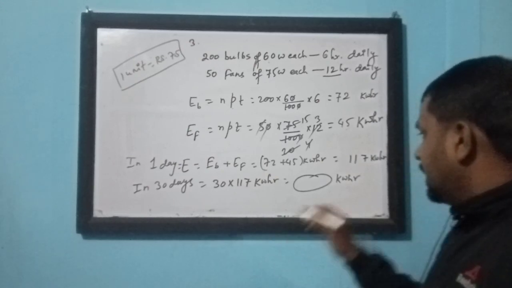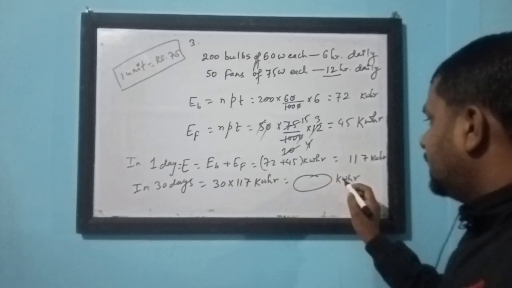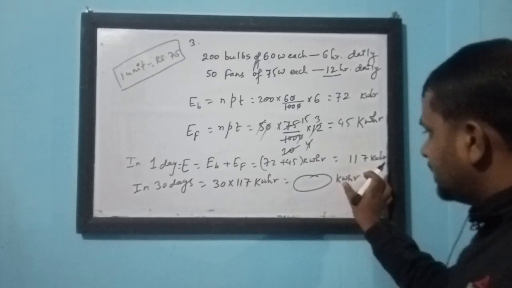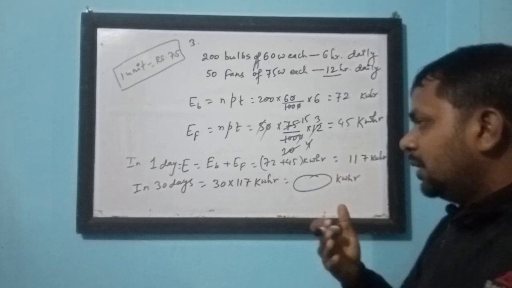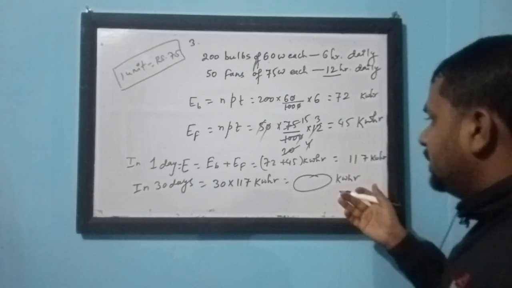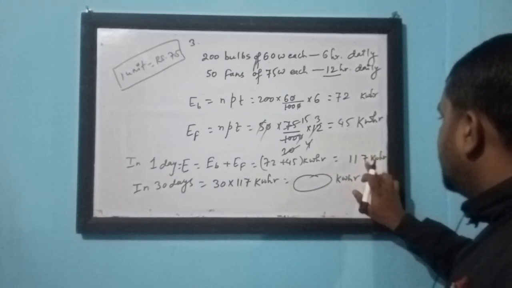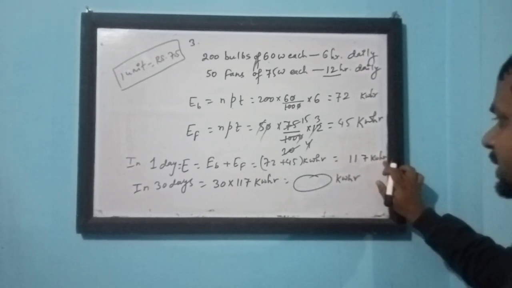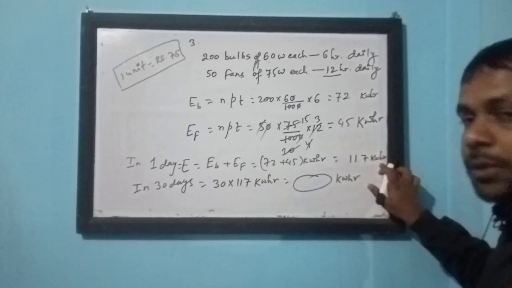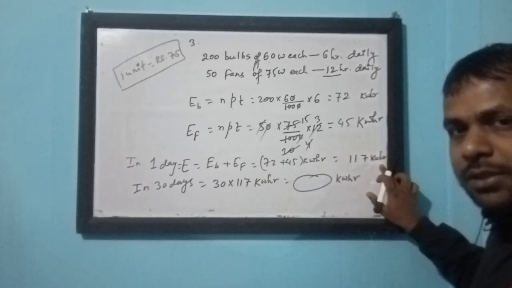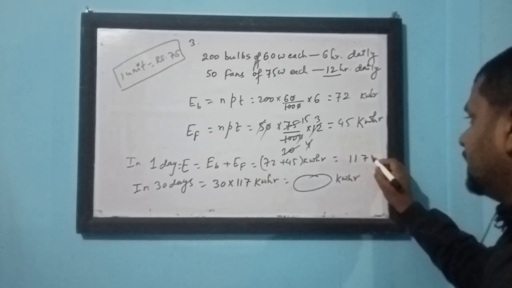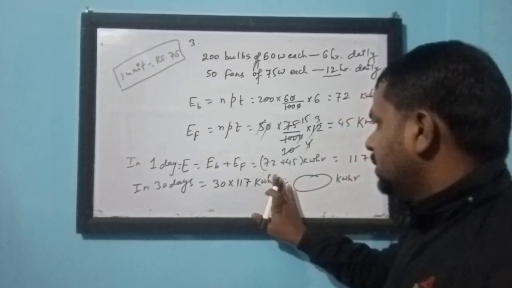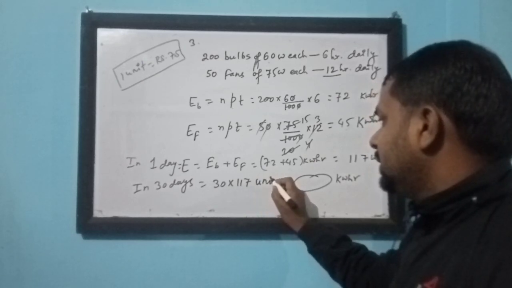Then we know that 1 kilowatt hour means 1 unit. In place of kilowatt hour we can simply say 1 unit. 117 kilowatt hour is used in one day, so we can also say 117 units are used in one day. So in 30 days, how many units are used?